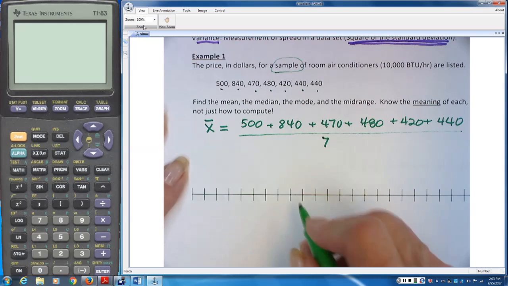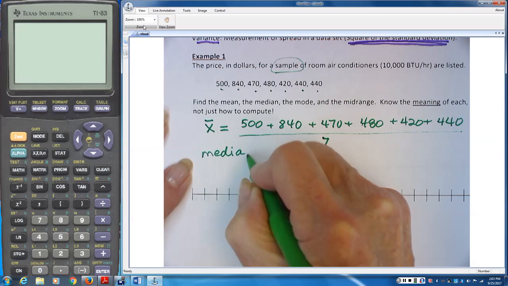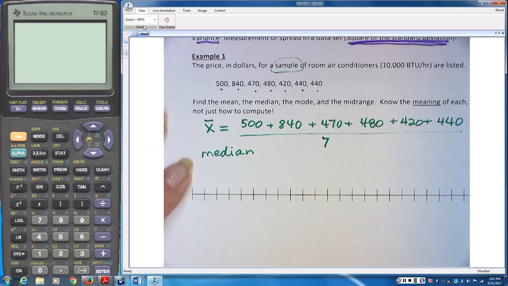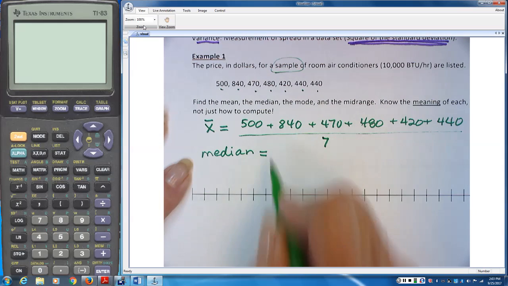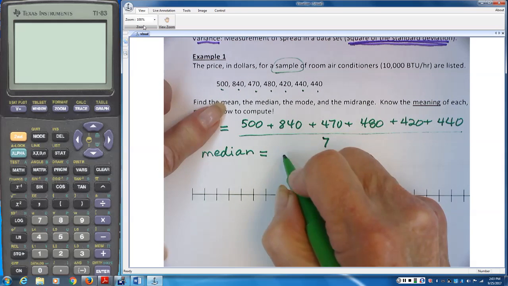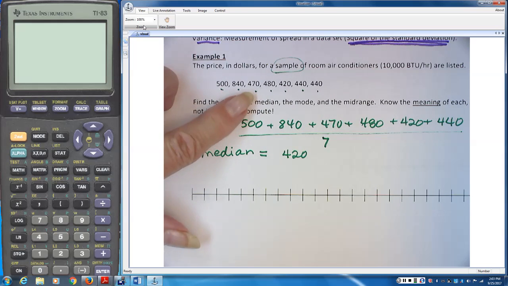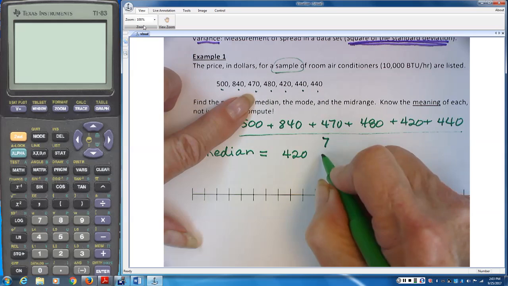The mode and the median do not have a symbol, although your calculator calls it MED. For the median, we actually have to rank order those air conditioners. So we'll start with the smallest one, 420, and then 440, and there's two 440s.